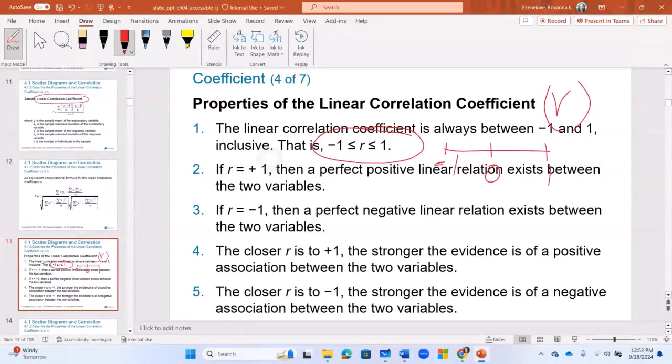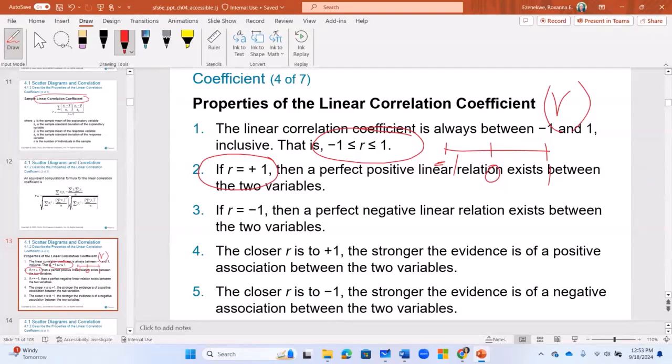We already said that if R is +1, then that is a perfect positive linear relationship between the explanatory variable and response variable.